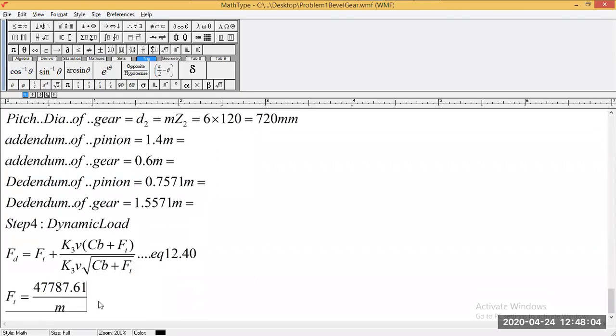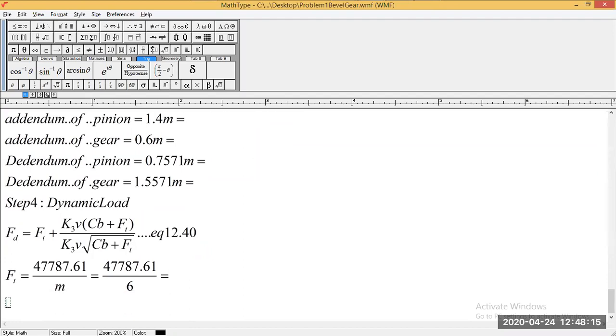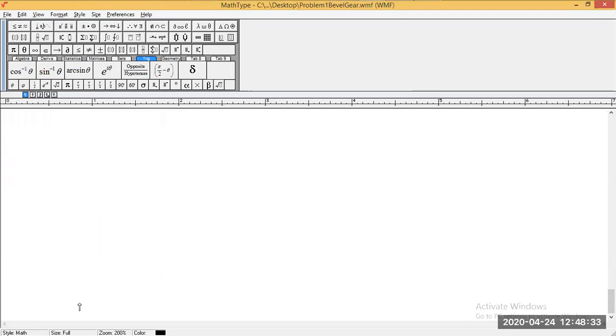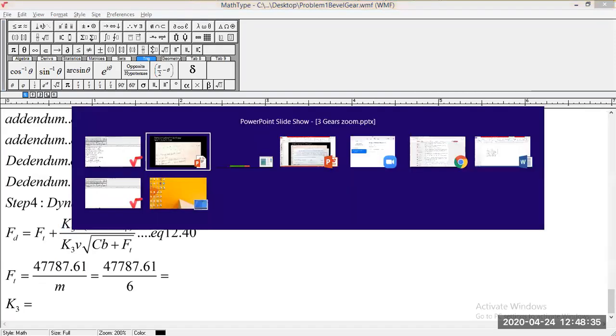This is the module we have found out now. So module here we know is 6. So that's equal to how much, you can find out and post in the group. Next, K3 is by default given just under the formula.